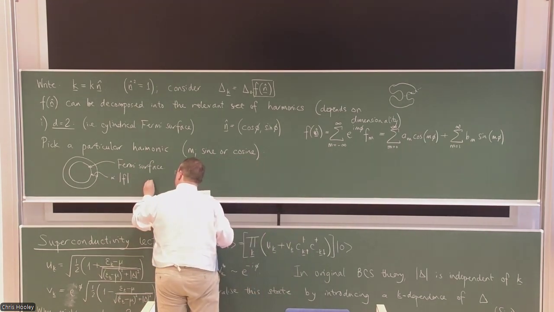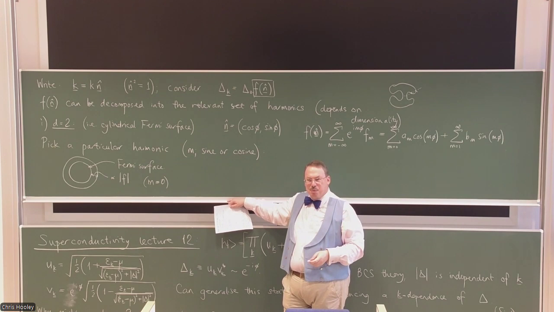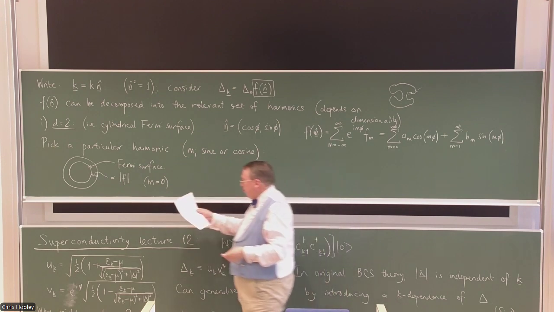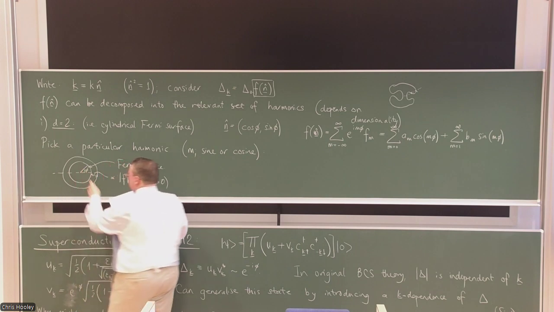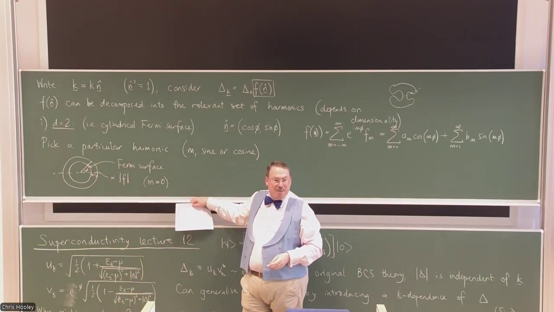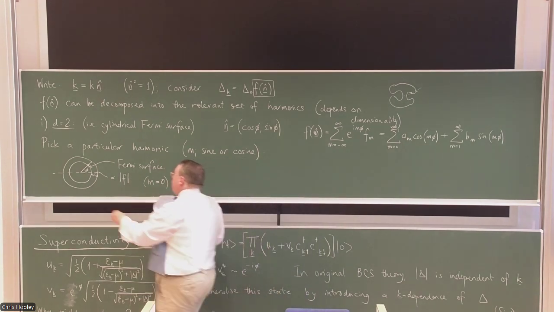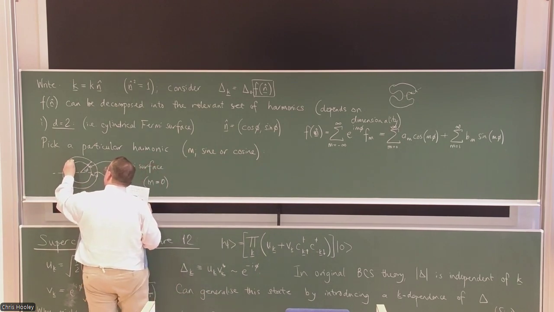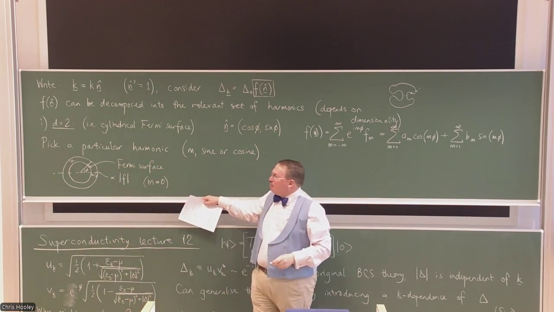So this is m equals 0, and you can tell that because mod f is not changing as we go around the Fermi surface. And so if we introduce a coordinate system, there's this angle phi that shows us where we are on the Fermi surface. And at that point, this distance is proportional to mod f at that phi. We don't need to do it in this case, but we could. We write a plus inside this ring, and that tells us the sign of f.